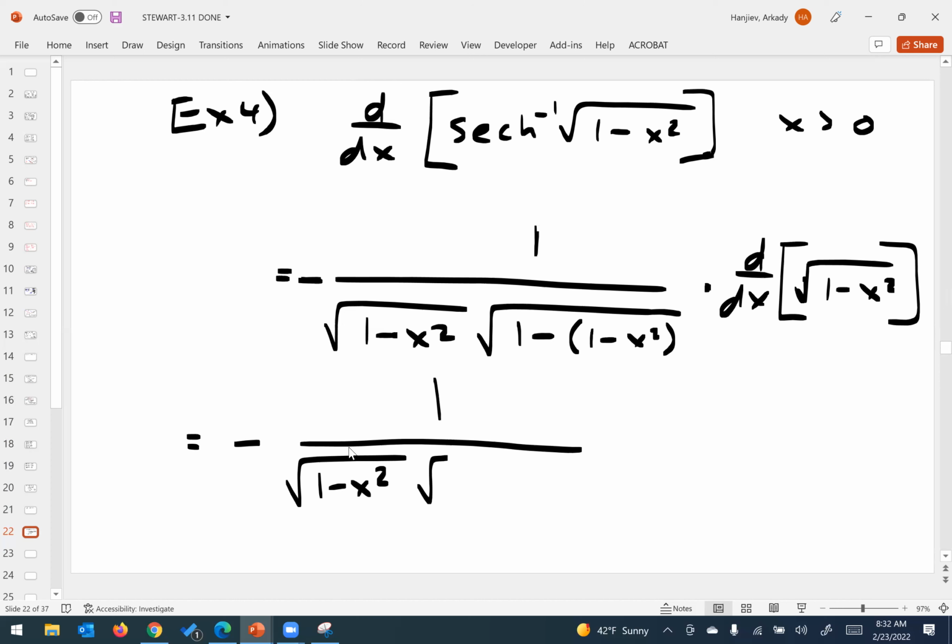What's that going to give us here is an algebra form here. 1 minus that plus that. And the derivative of this guy, this is algebra now. So this would be multiplied by, let's see, 1/2 because of the square root of 1 minus x squared, negative 1/2, multiplied by negative 2x.